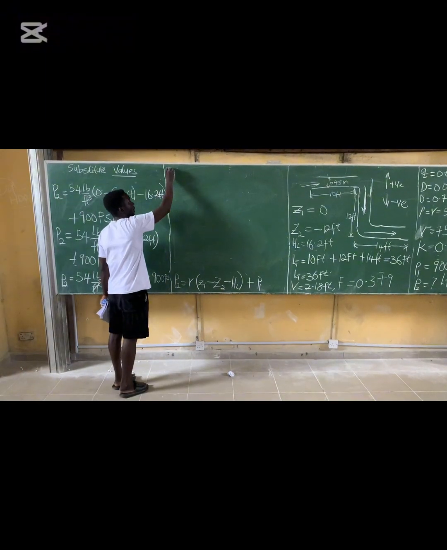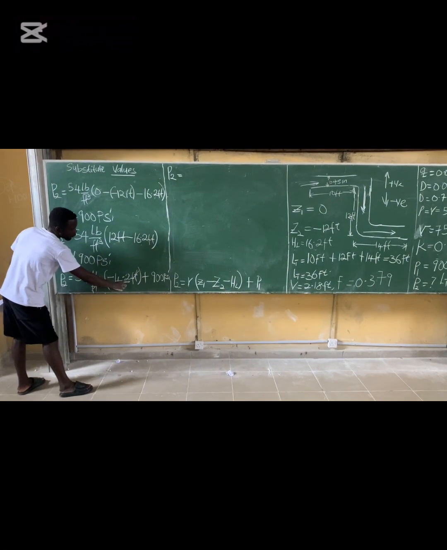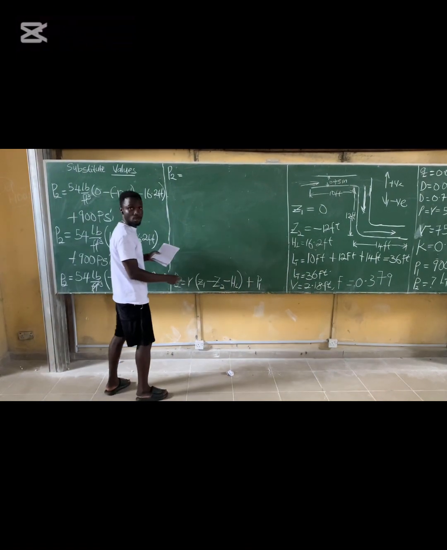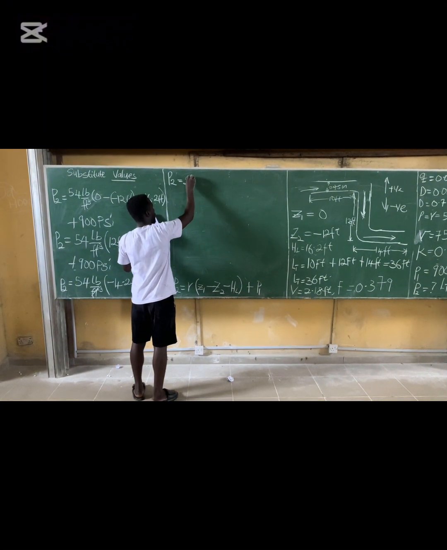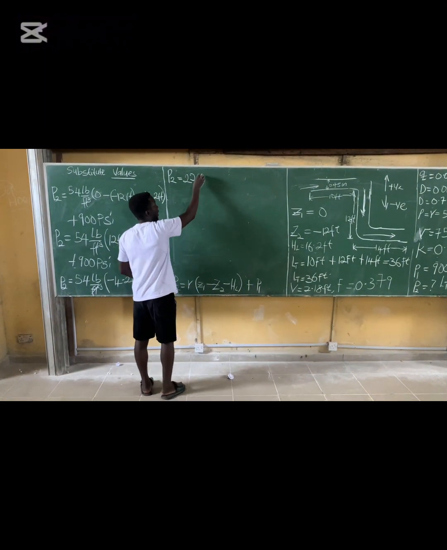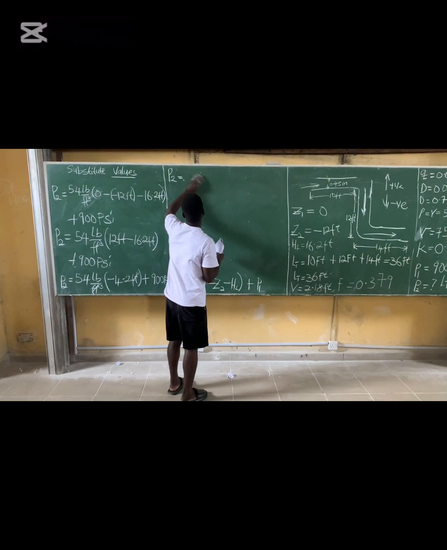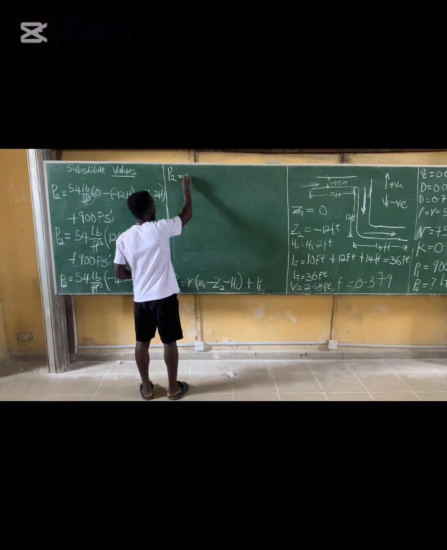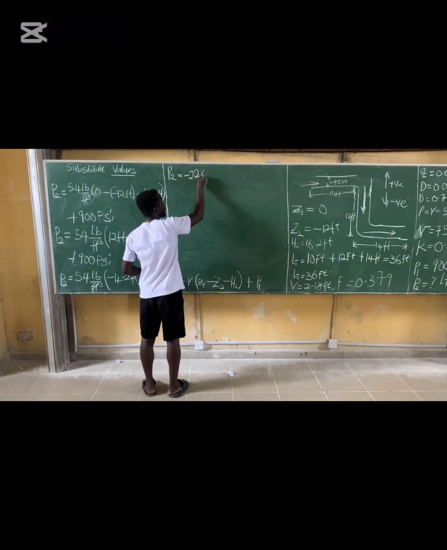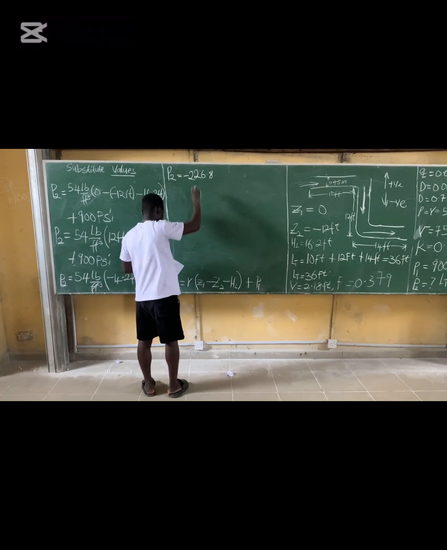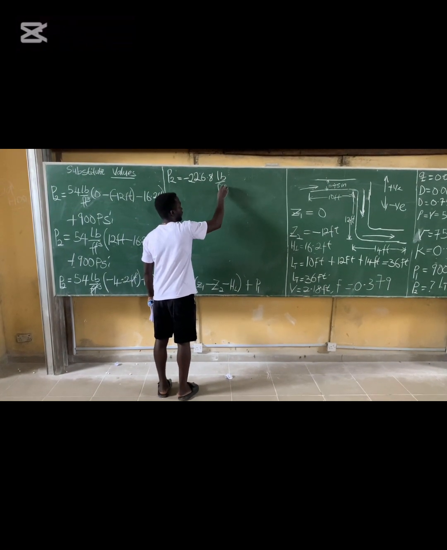This will give us P2 equal to 54 times minus 4.2, which gives minus 226.8 pounds per foot square.